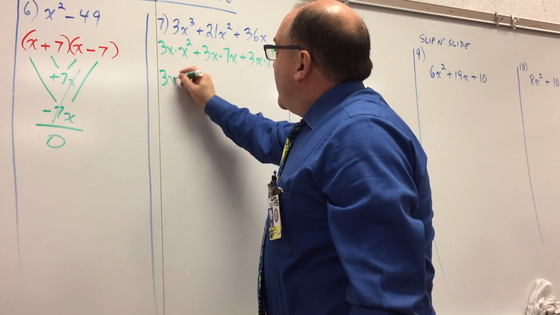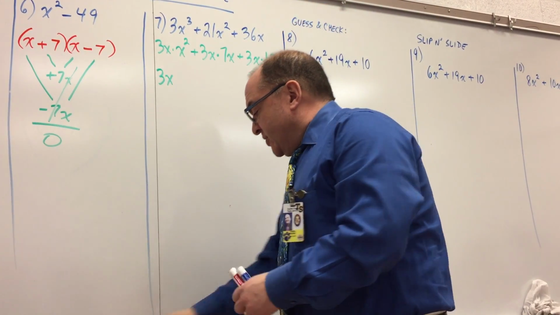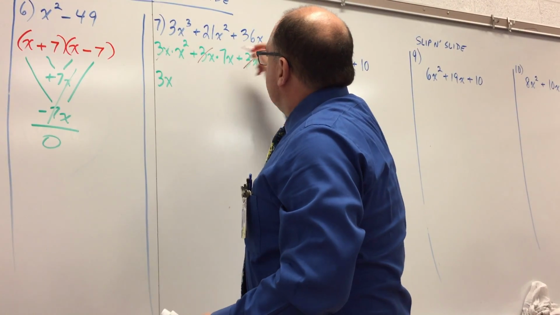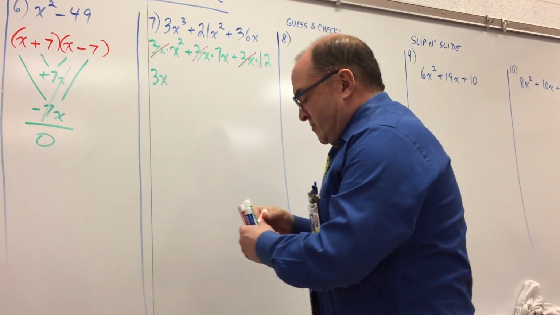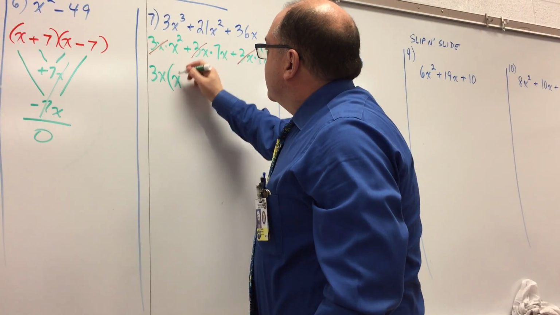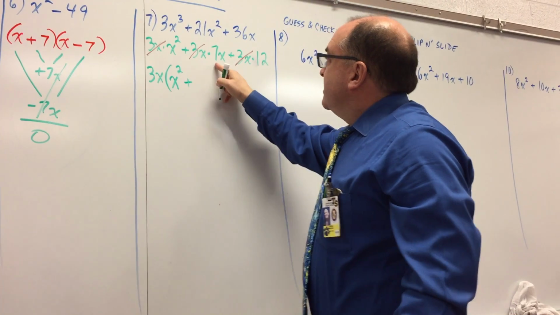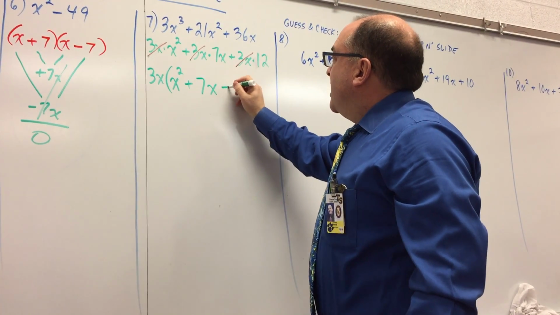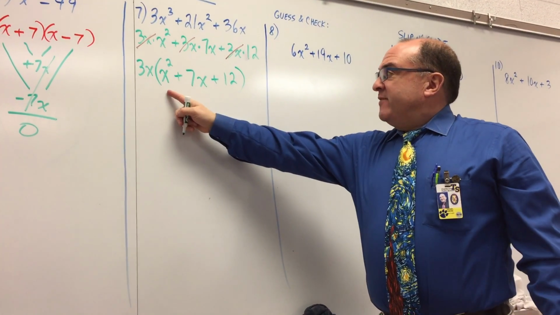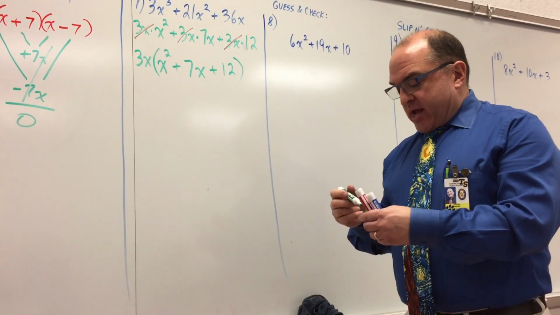If I take out 3x and write it down, what do I have left? I have x squared plus 7x plus 12. Now I'm going to factor this.